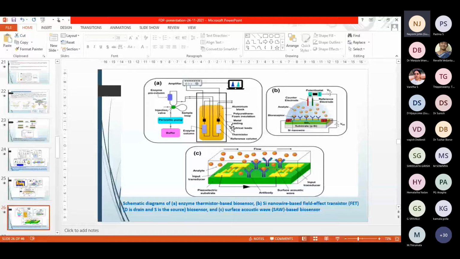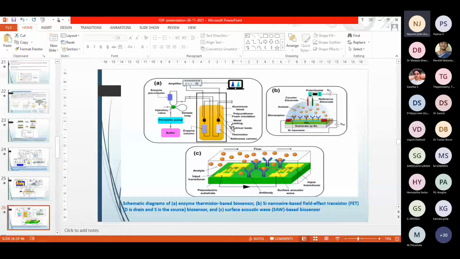And another is surface acoustic waves, for example sound waves, all of which will be considered acoustic waves. So if the analyte is present, the acoustic wave oscillation and frequency will be altered.